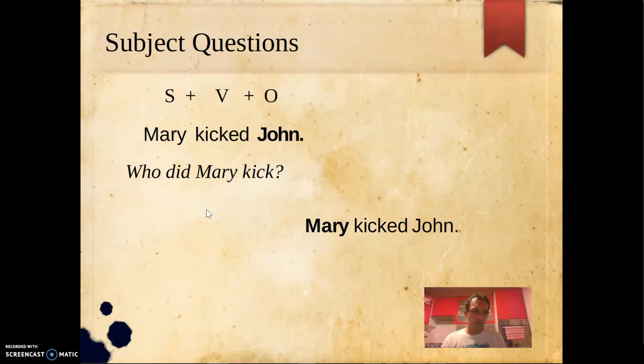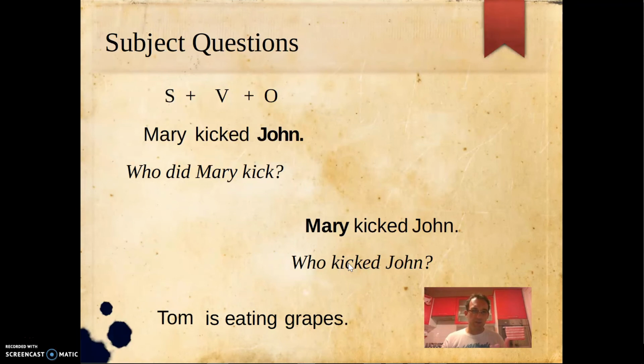You can't ask who did Mary kick, because then the answer will be John. So you have to ask it a bit differently. Who kicked John? Did you see what I did there? In this case, nothing changes really. You just replace Mary with who. The simplest rule. Tom is eating grapes. Can you try this one at home? Ask about Tom and ask about those grapes.